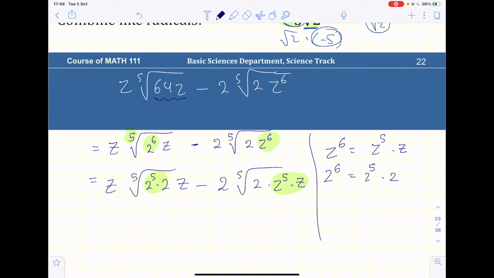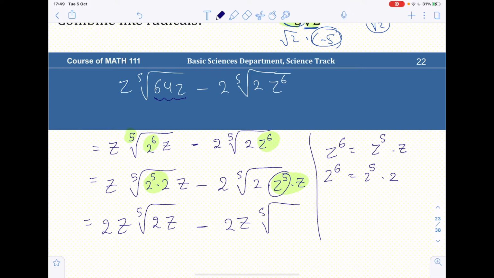Okay, so now whatever is to the power 5, I will bring it out of the root. So this would be 2z, then the fifth root of 2z, minus 2, then this would be out with z, then the fifth root of 2z.